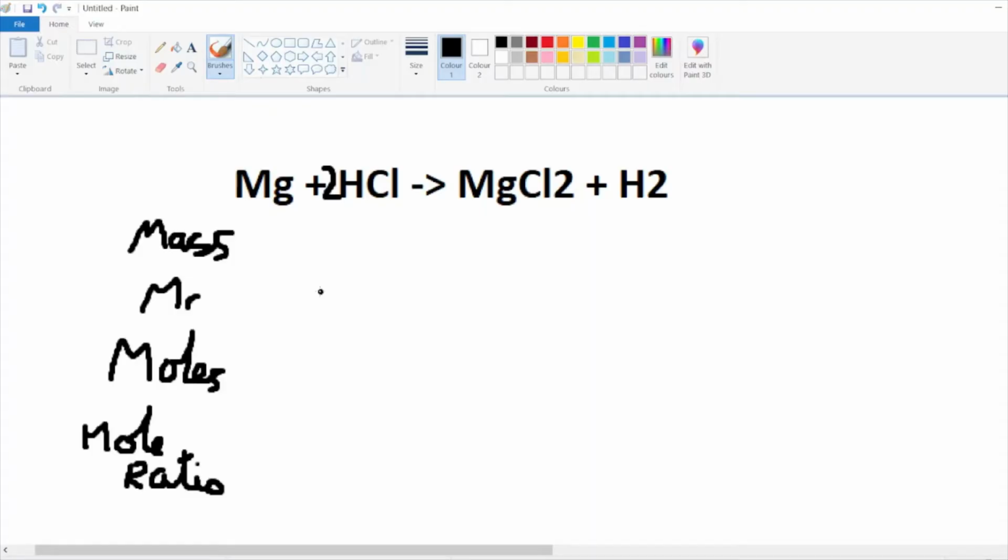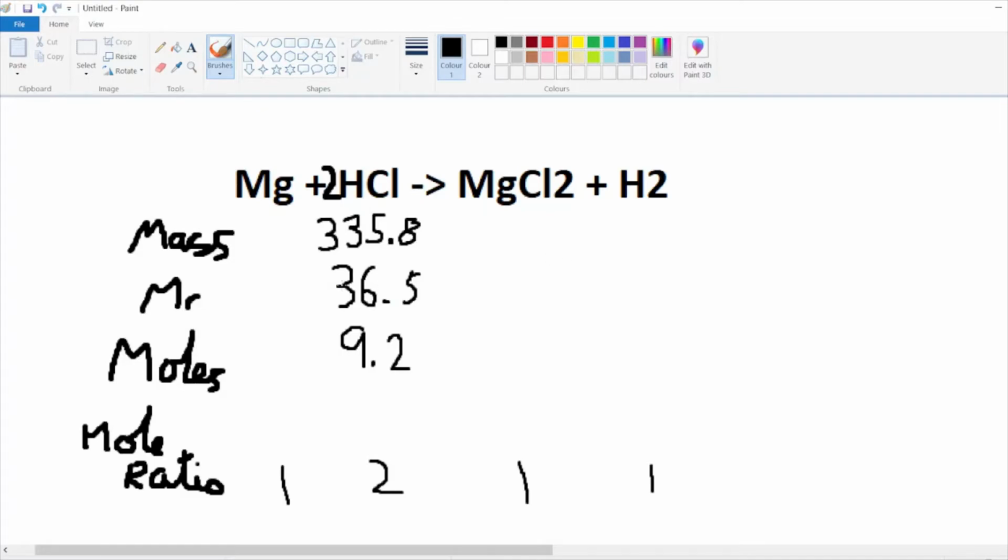So what I really recommend is almost making a table with it. So you write out mass, relative formula mass, this is how we symbolize it, the moles and the moles that we actually have, and the mole ratio in the equation, because we can find all of these out using our one equation, moles equals mass divided by formula mass. So first of all, we're going to fill in what we know.